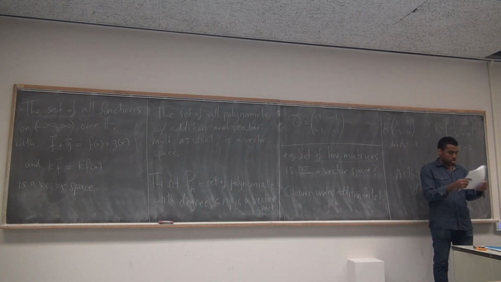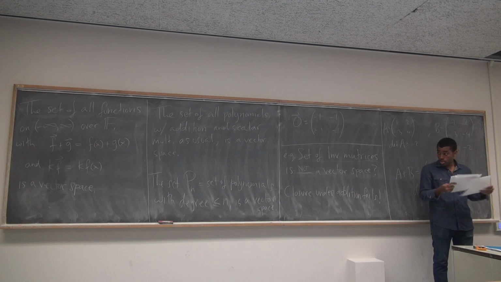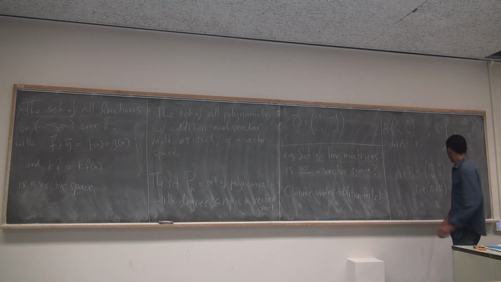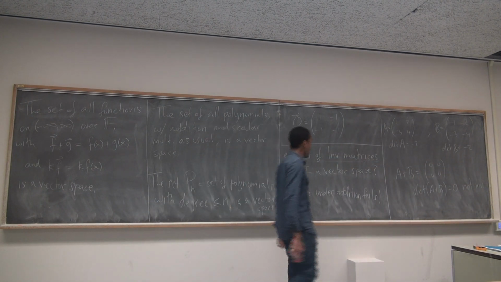What are the other examples that I want to tell you about? There's the trivial vector space. Literally a set with only 0 in it.